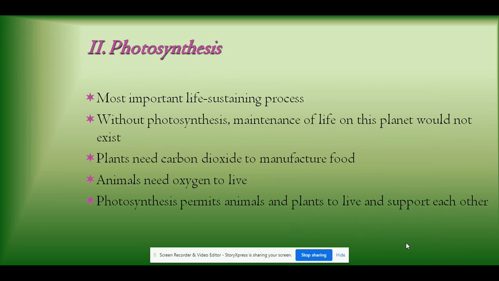Moving into the second module with photosynthesis, we will see the most wonderful event on the earth, which we consider as photosynthesis, where plants harvest the sunlight energy and convert it into chemical energy.